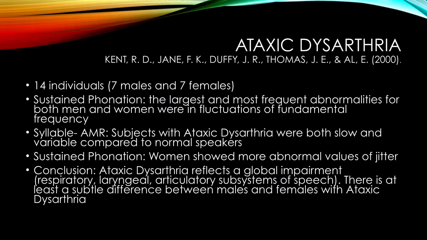When assessing syllable alternating motor rate, all the subjects with ataxic dysarthria were both slow and variable compared to normal speakers. During the sustained phonation task, women showed more abnormal values of jitter. In conclusion, the article found that ataxic dysarthria reflects a global impairment of the respiration, laryngeal, and articulatory subsystems of speech. There is at least a subtle difference between males and females with ataxic dysarthria.